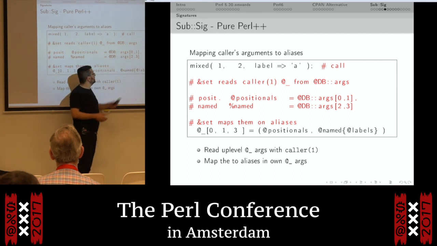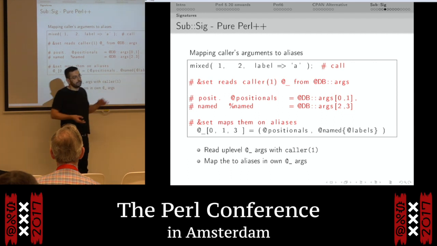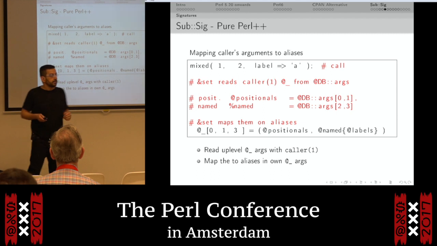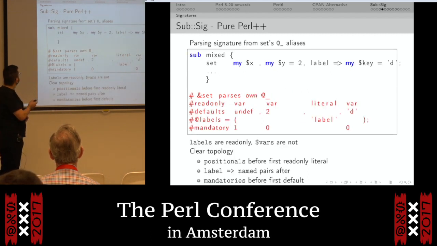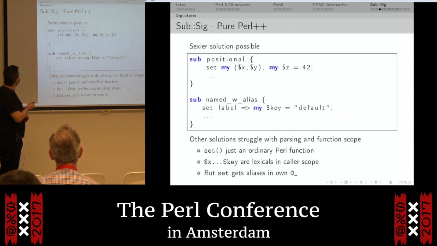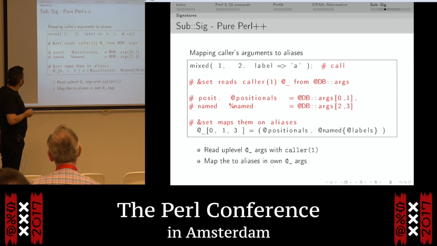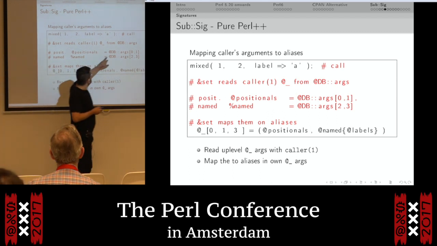This is actually the way Carp does the dumping of all the variables in the backtrace. So the values which are passed to these functions, positional and named with alias, are actually in these arrays when you call caller 1.